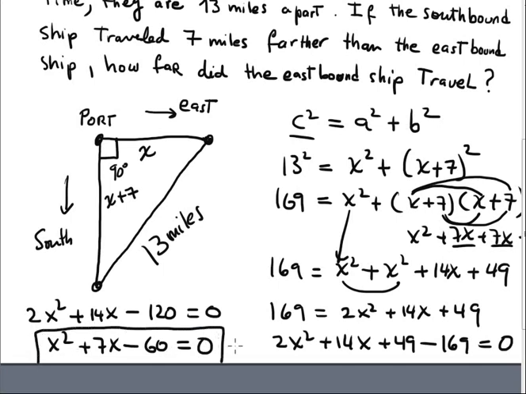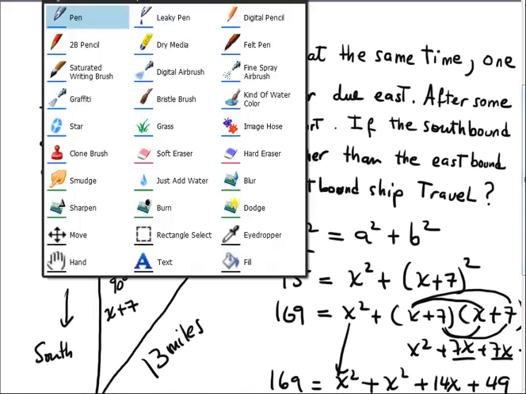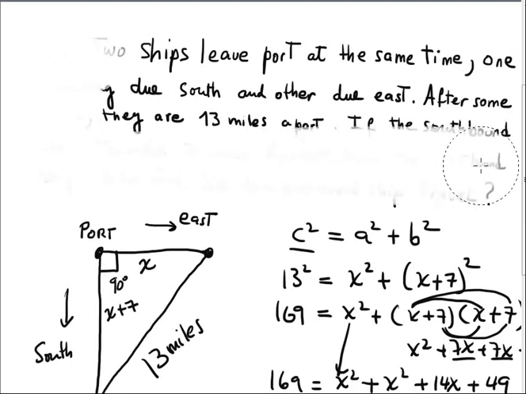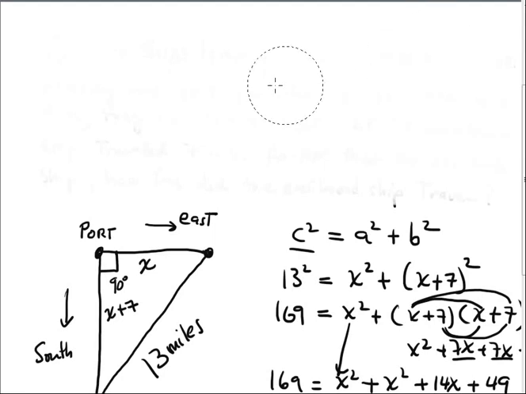Okay, let's solve this quadratic equation. I want to erase this part. Let me copy the quadratic equation again: x squared plus 7x minus 60 equal to 0.